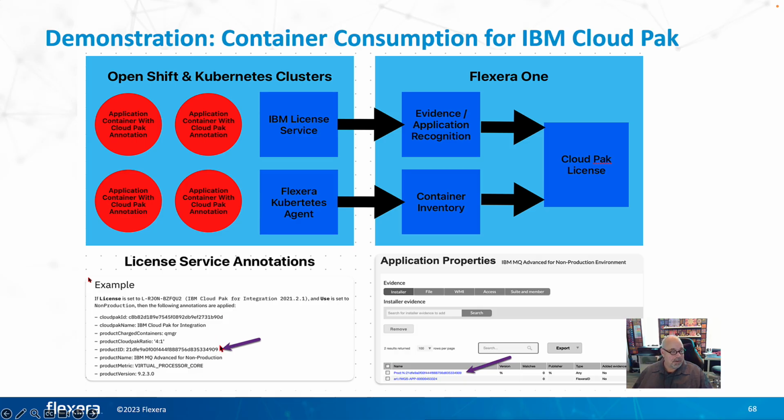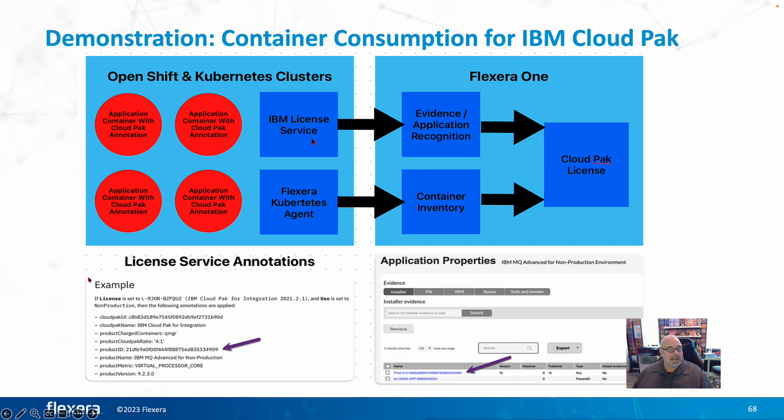It would be a product ID. You can see the Cloud Pack ID as well, and some additional information that you can get from IBM's licensing site. This is very important. This is how the consumption gets recognized within Flexera One.